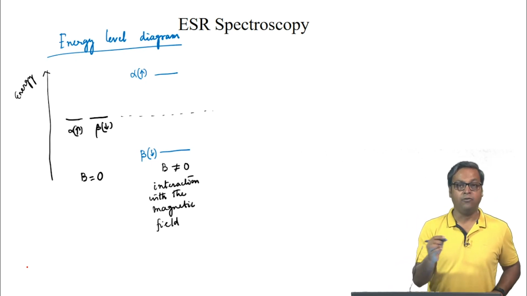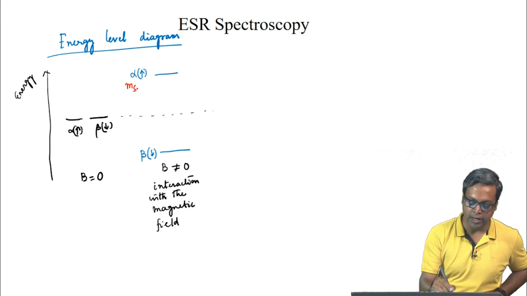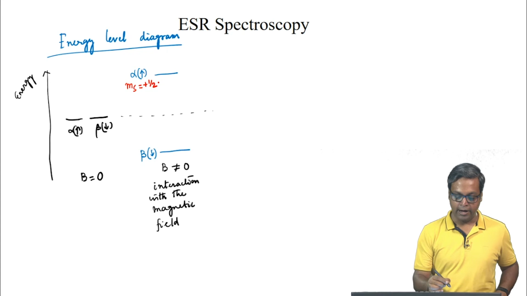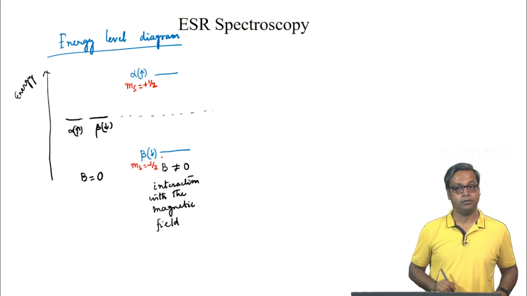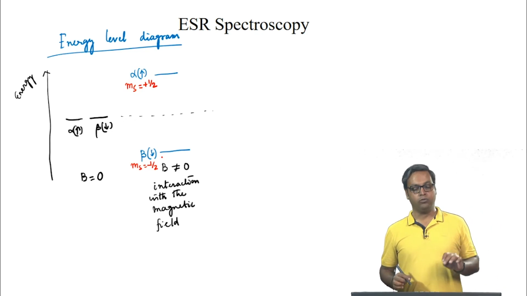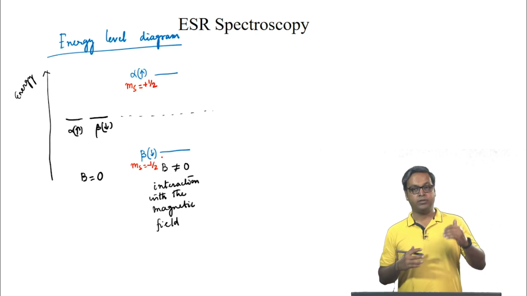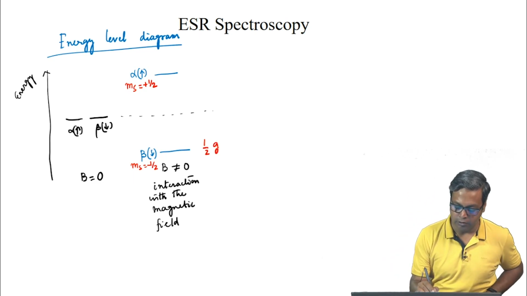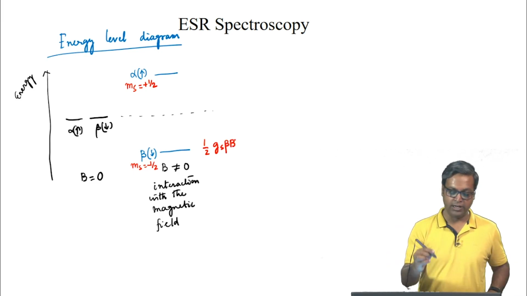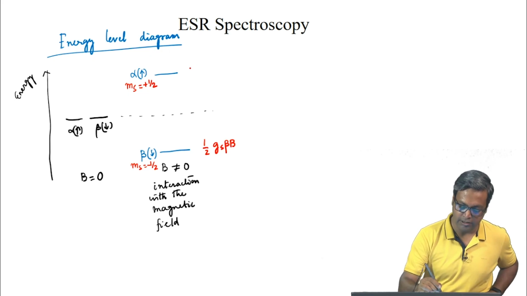Now, in alpha we know that m s equals plus half, and for beta m s equals minus half. And if we look into the energies of these states, the beta state has energy half g s beta B, and the alpha state has energy minus half g s beta B.